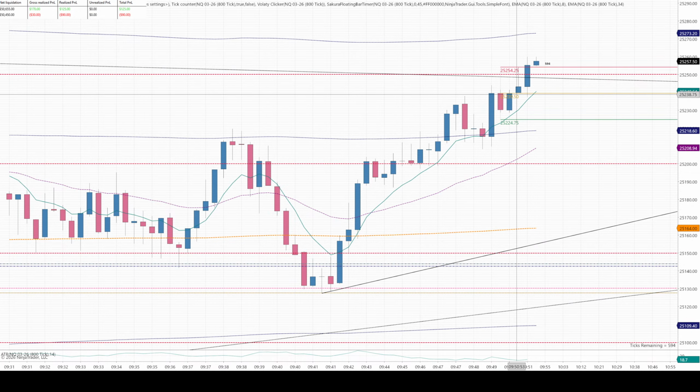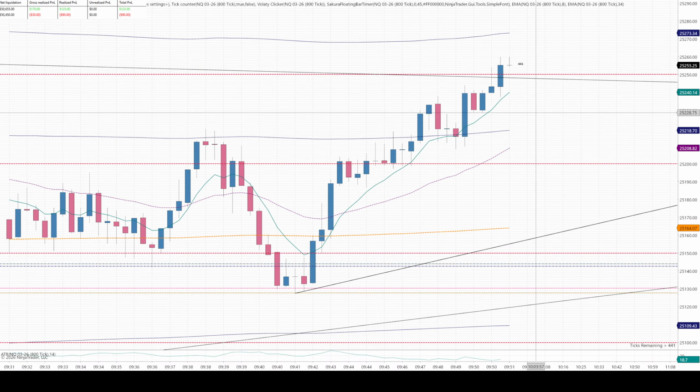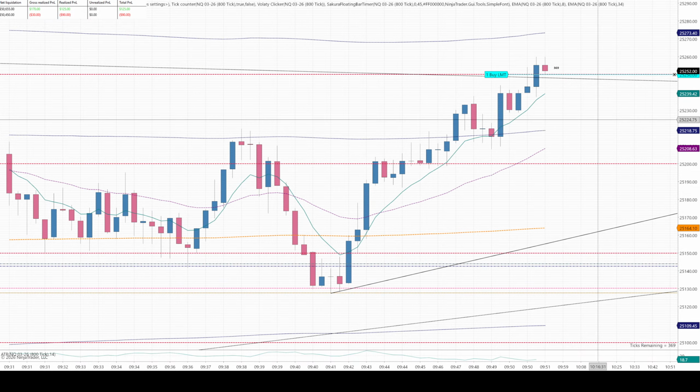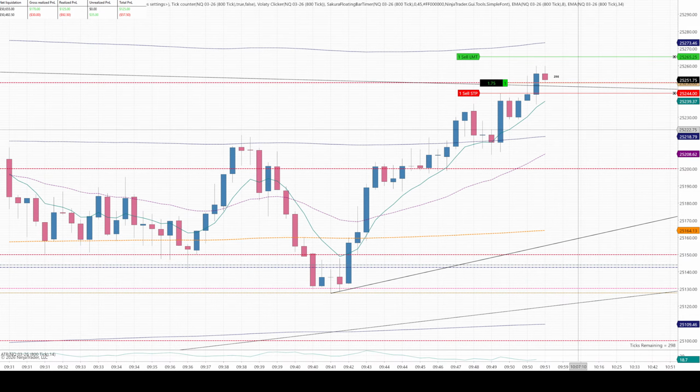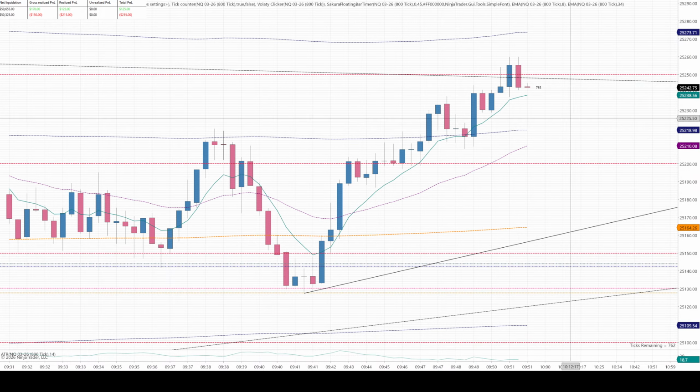This was a bearish signal right here. But now I think it's turning into a bullish signal. So now we're going to try to see if we can take it to the upside. No. And that stinks. That happens sometimes.